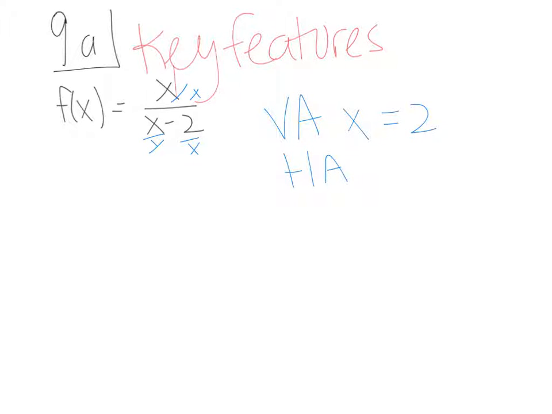This one goes to 1, and this becomes a 0 when x gets very large, so my horizontal asymptote is y = 1. And then my x-intercept is 0, and my y-intercept is also 0, actually.